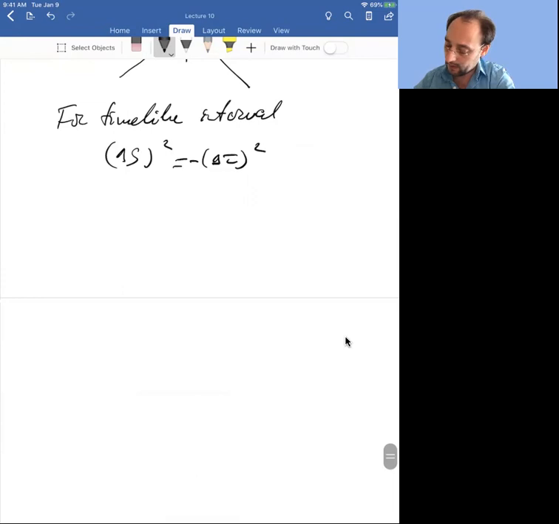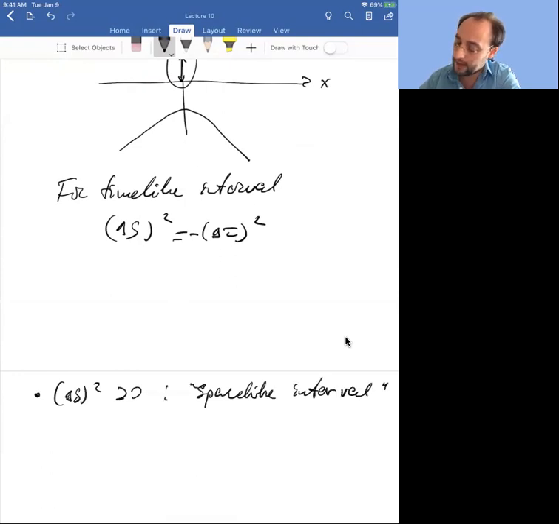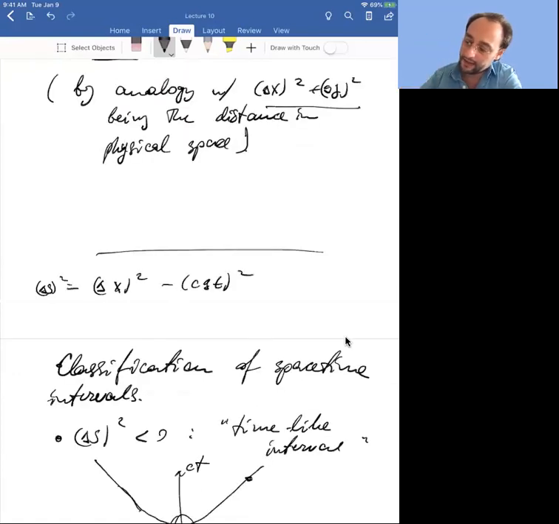when delta S squared is bigger than 0, and this is called space-like interval. And again, if we go back to the interval, if the two events are separated only by space, you get a positive value.